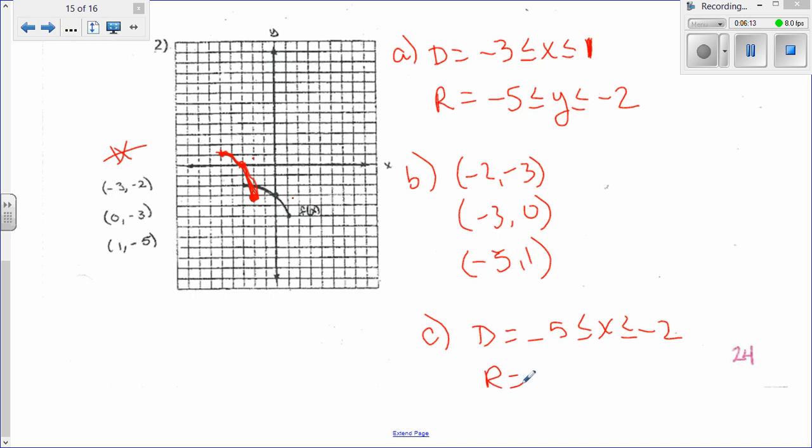My range, it goes down 1, 2, 3, that's my starting point, less than or equal to y, less than or equal to, it goes up to 1. Now look at part A and part C, you can see that the domain and the range switched. What was the domain became the range. What was the range became the domain. The values are there, but you just change your x and your y.